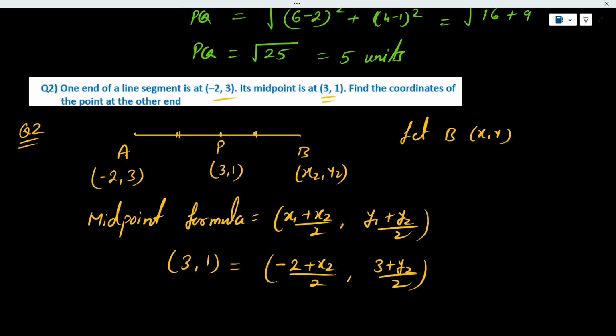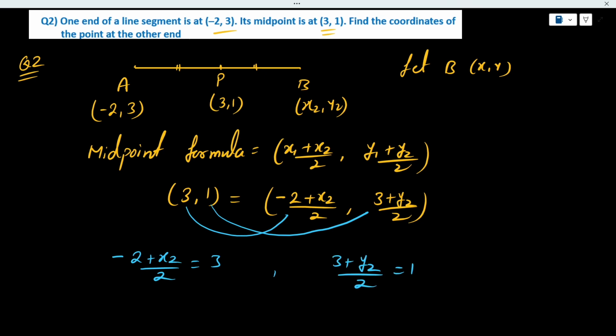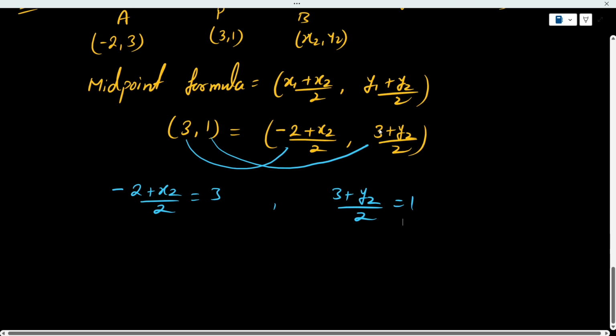Now you will solve this using comparison. Because both the values are equal, x coordinate will equate with x and y coordinate will equate with y. So I can write down here minus 2 plus x2 by 2 equals 3, and here if I equate, 3 plus y2 by 2 equals 1. Correct?